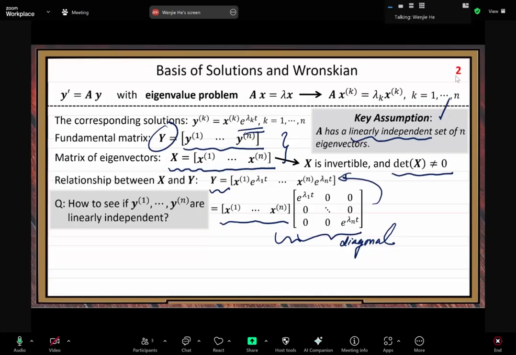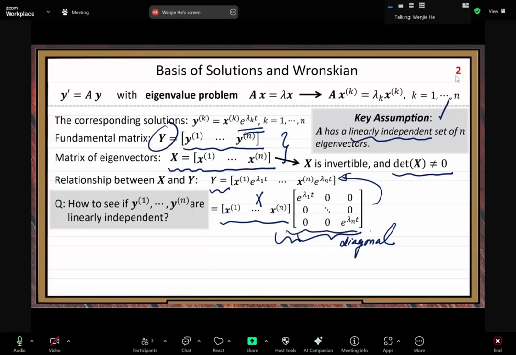So the Y matrix equals the capital X matrix times that diagonal matrix. The capital X matrix has a non-zero determinant.